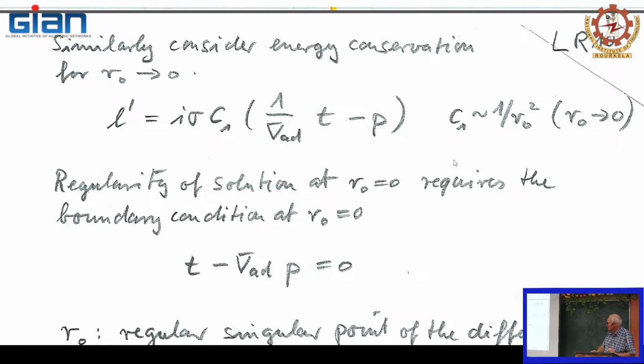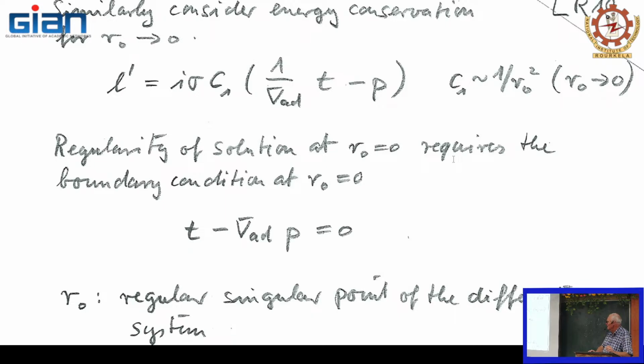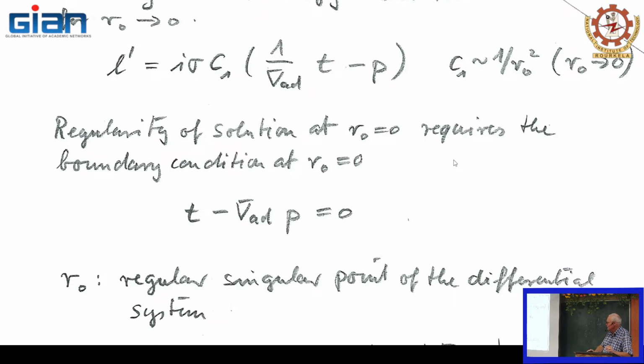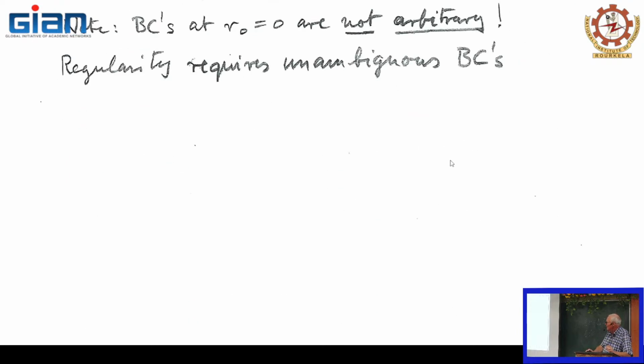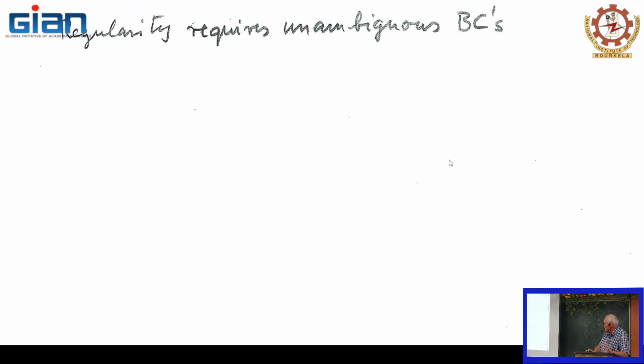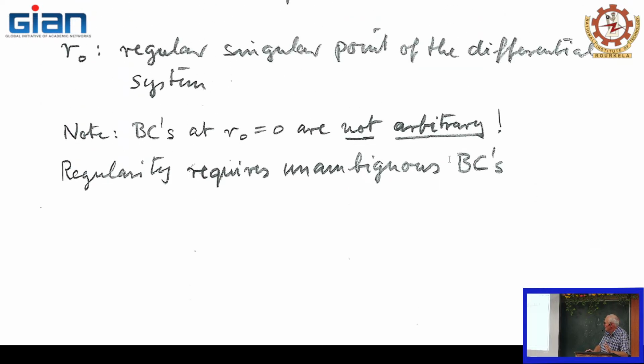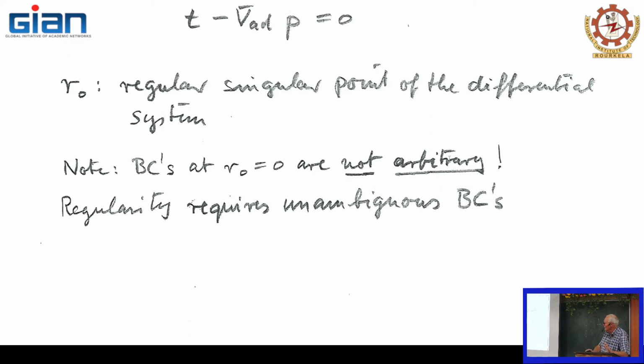equations. Okay. So, can I go down a bit? So these boundary conditions are unambiguous, and you are restricted to use them.